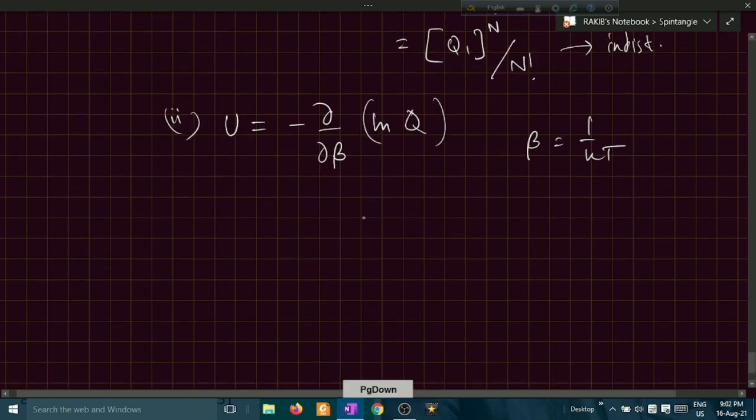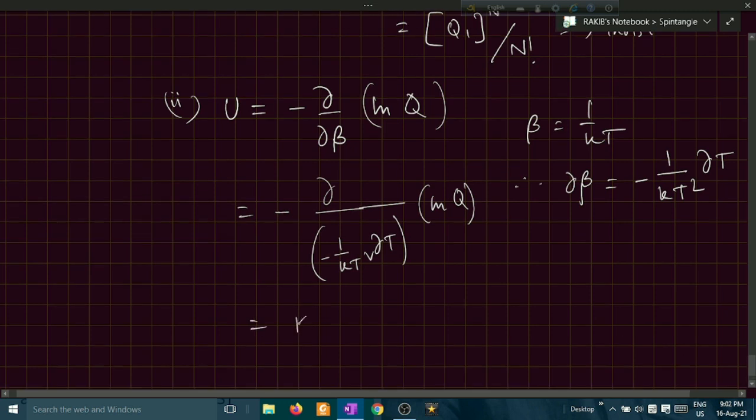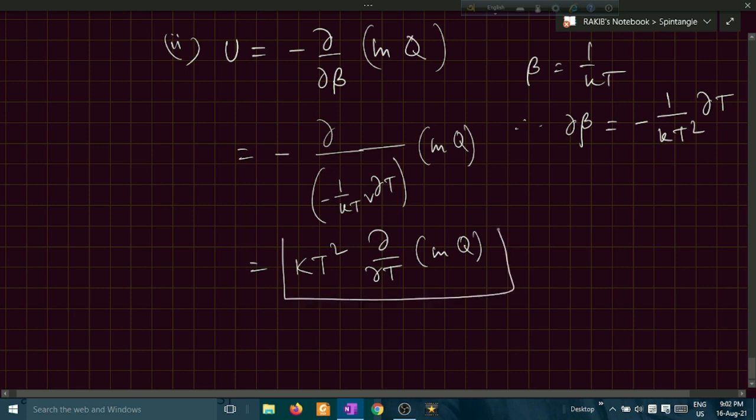So if beta equals 1 by kT, then del beta equals minus 1 upon kT squared del T. Putting this in place of del beta, this will become kT squared del by del T of ln q.